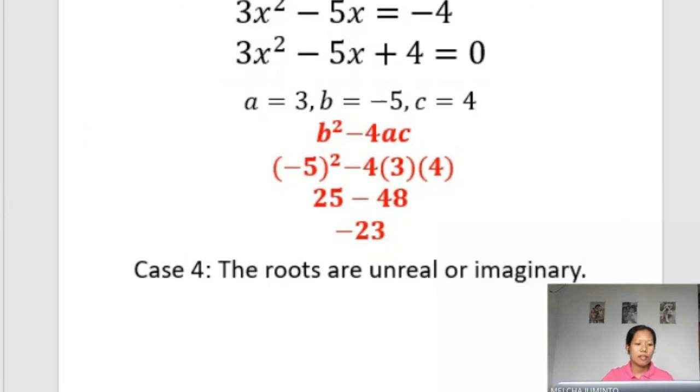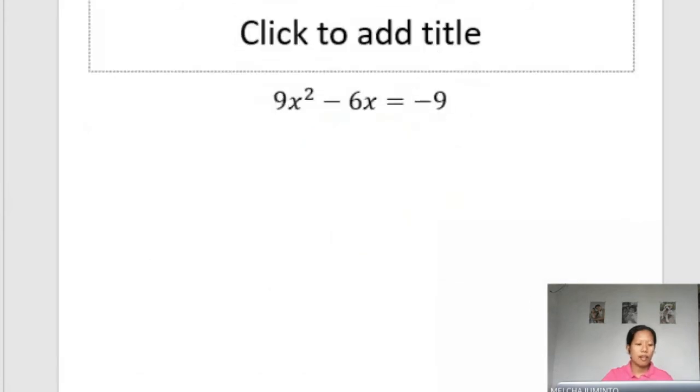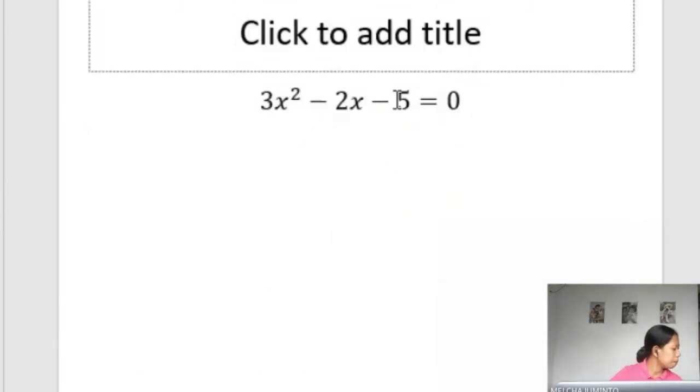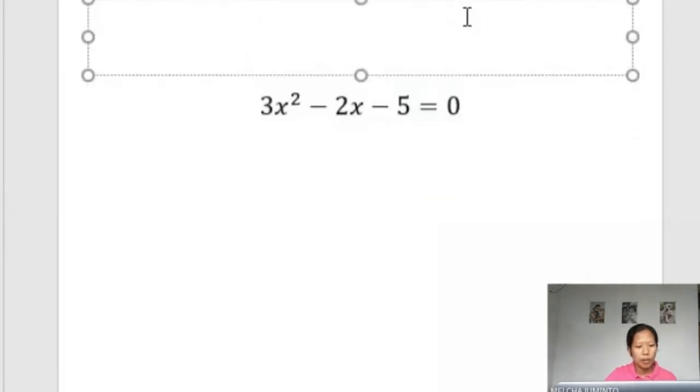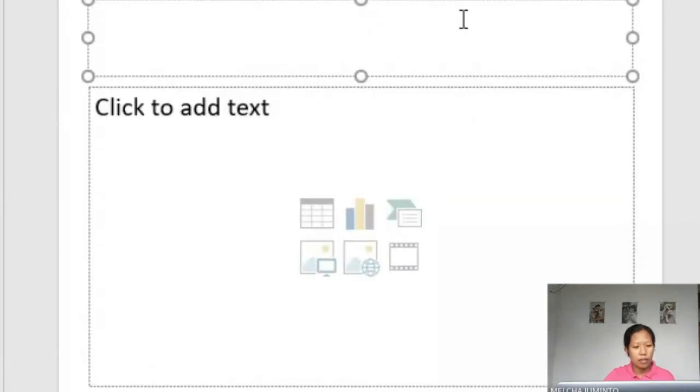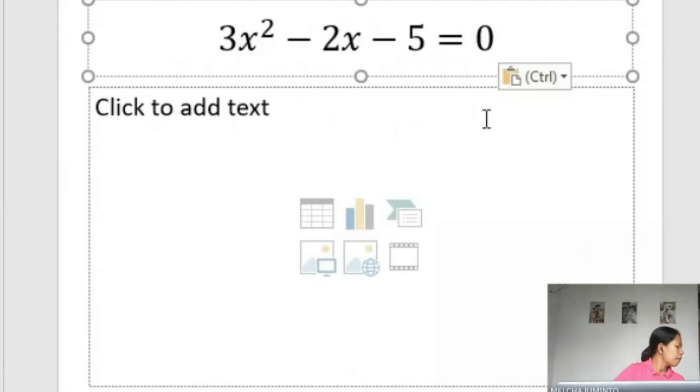Okay? Let us try another. This is number 10 in your book. Which activity should be answered in your weekly home learning plan? Is it activity 7, page 62? Activity 9.